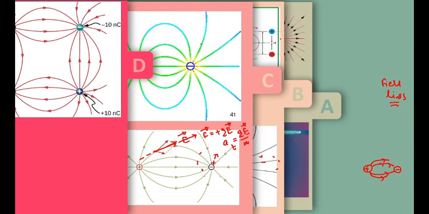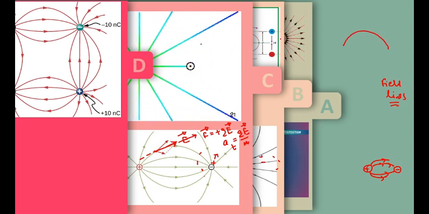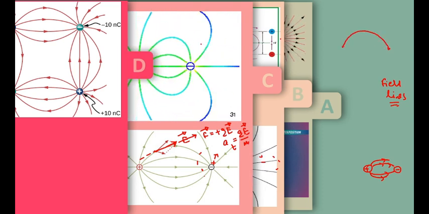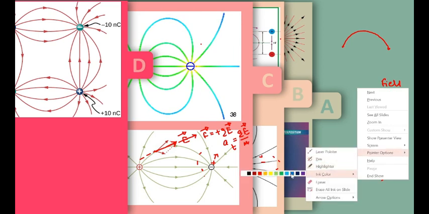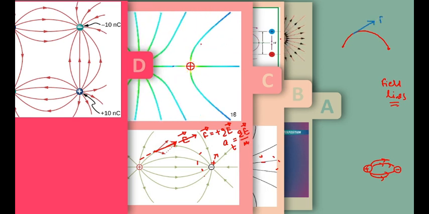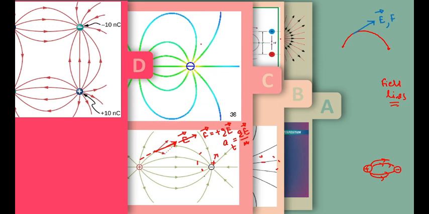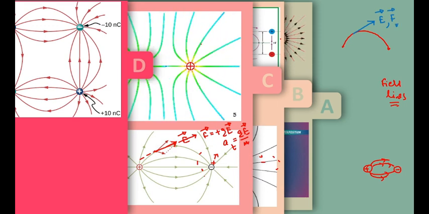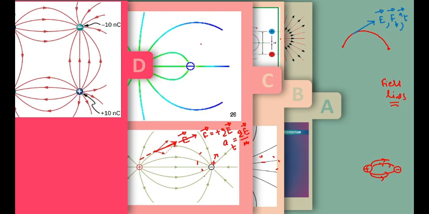All right, so that means if I take a field line, and on that field line I draw a tangent at any point, it will give the direction of the electric field, and hence the direction of force, which is tangential force, and it will give the direction of tangential acceleration.